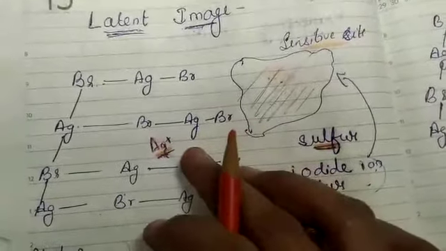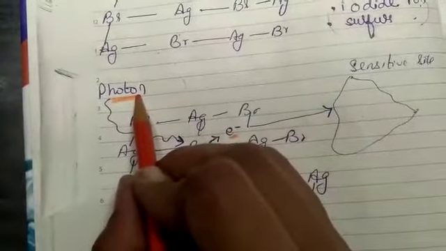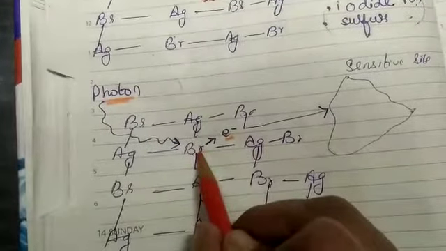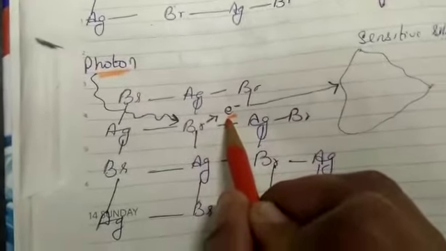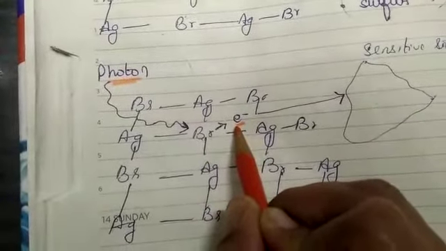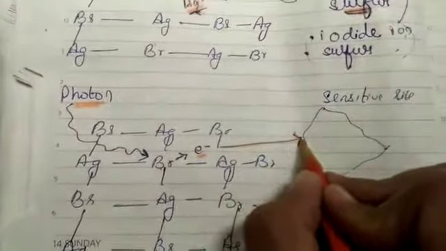Now what happens over here? When an X-ray photon hits the bromide, it releases an electron. Then these electrons move around the crystals until they reach the sensitive site.